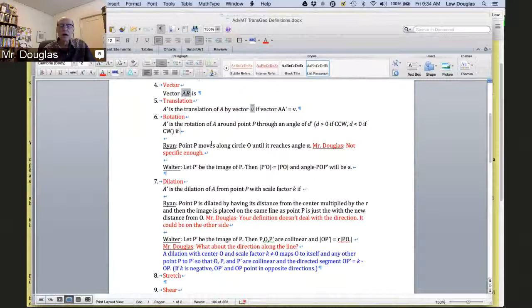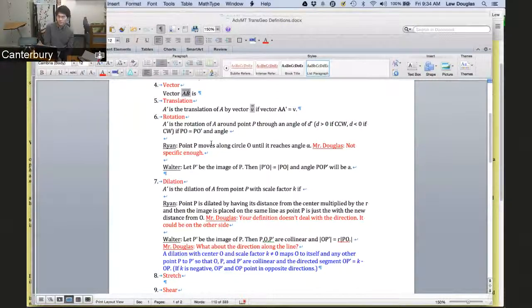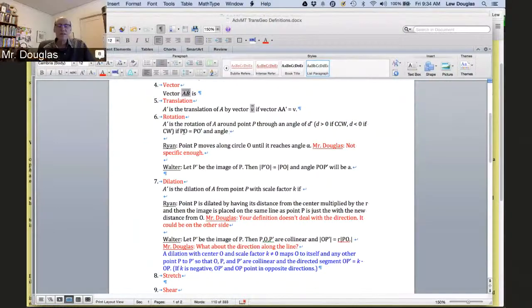So I'm just going to write PO. There's an interesting notational issue that I'll talk about in a second. And angle, and I'll fix this up later. We can't use O because it's not defined in your definition. Ah, right. So that's not what we mean. What do we mean?